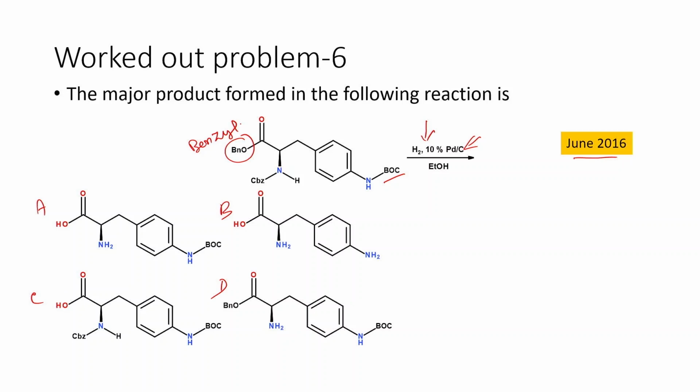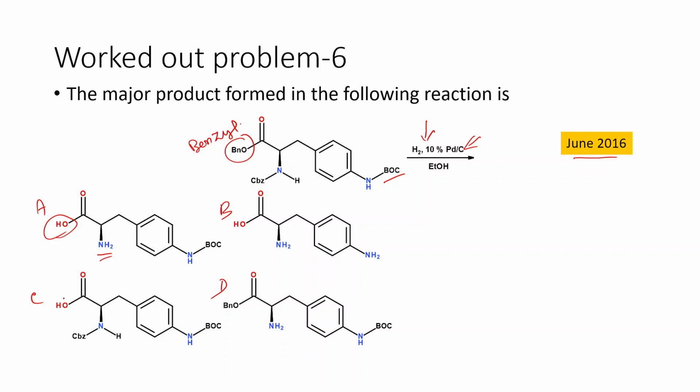In the first one, the benzyl group is deprotected, we end up with the corresponding carboxylic acid, and Cbz also is removed to get the amine, whereas the Boc did not undergo any change. So this is product number 1. And in the second one, all three groups are deprotected by the hydrogen and the palladized carbon.